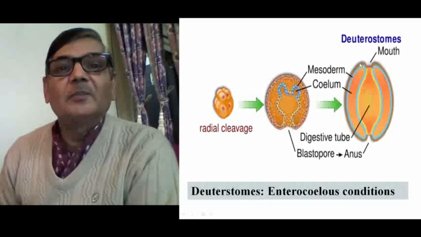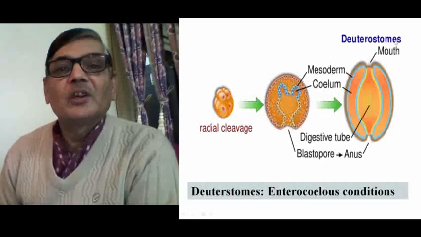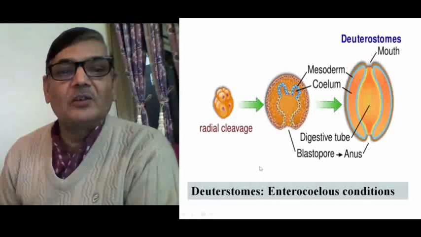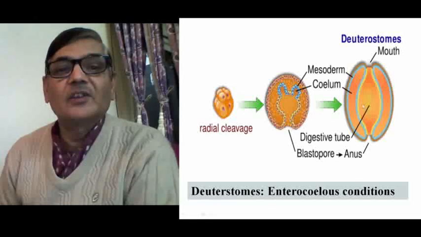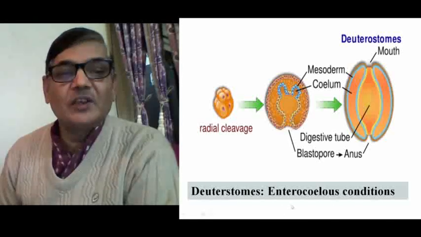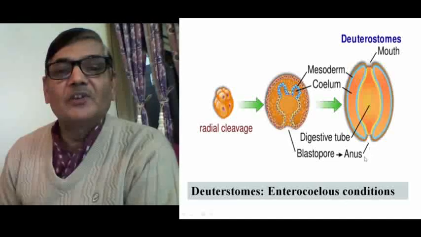The other type, that is deuterostomes, is found in echinoderms, hemichordates and chordates. In their case, the coelomic cavity is enterocoelous. What happens here? The blastopore gives rise to the anal opening.